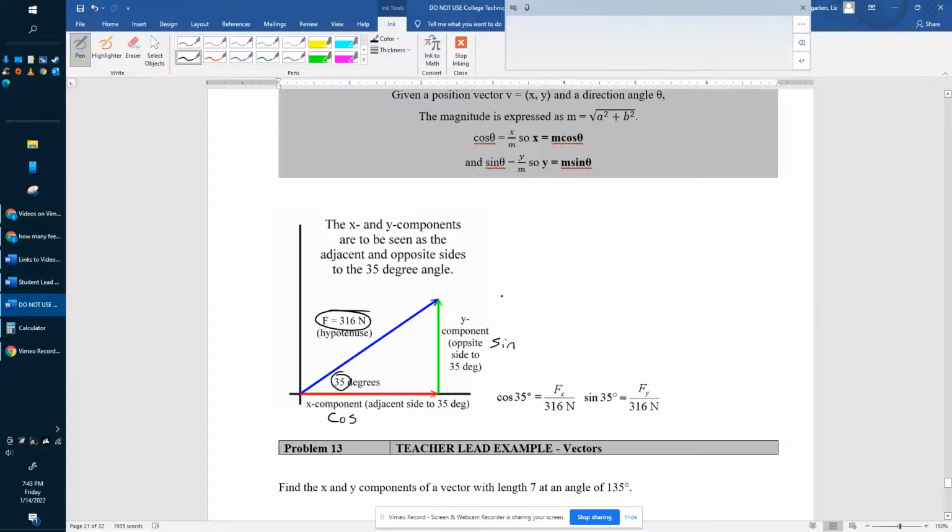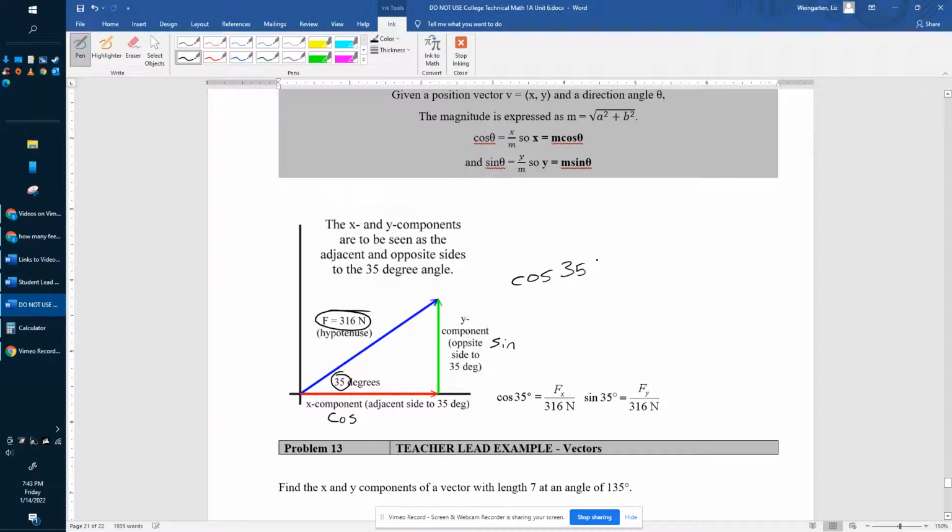So let's do this. We have our vector, so cosine of 35 degrees equals x over the hypotenuse.